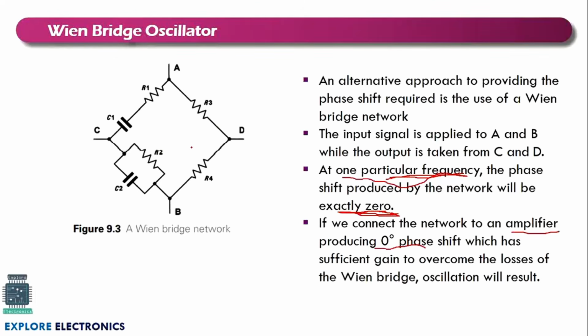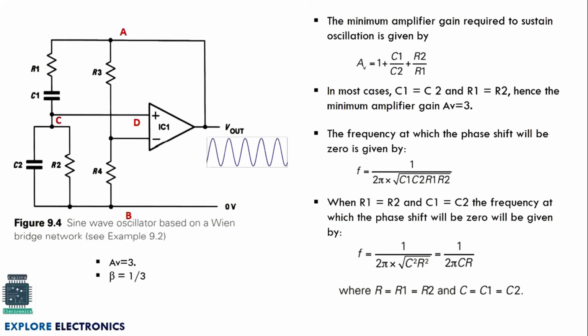So now let us understand how actually we are going to get that phase shift and what the gain should be. The minimum amplifier gain required to sustain oscillation is this. The gain of the amplifier should be equal to 1 plus C1 divided by C2 plus R2 divided by R1.